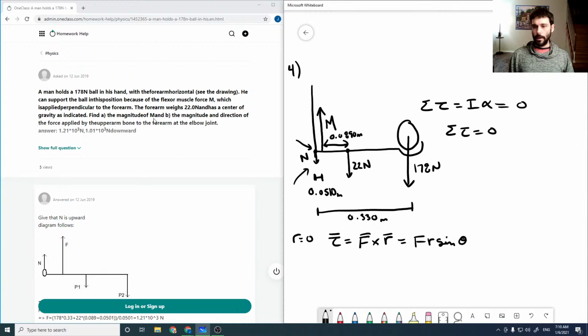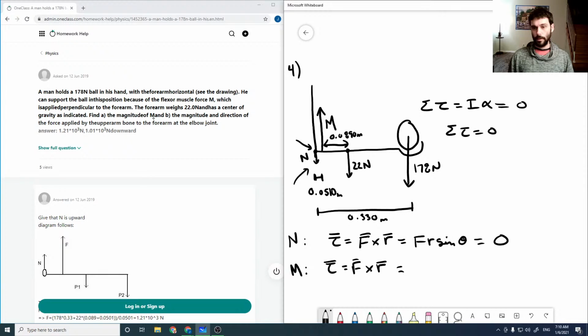So I'm just going to label this a bit better. For our N force, this equals 0. So the torque from the normal force at the elbow joint is 0.